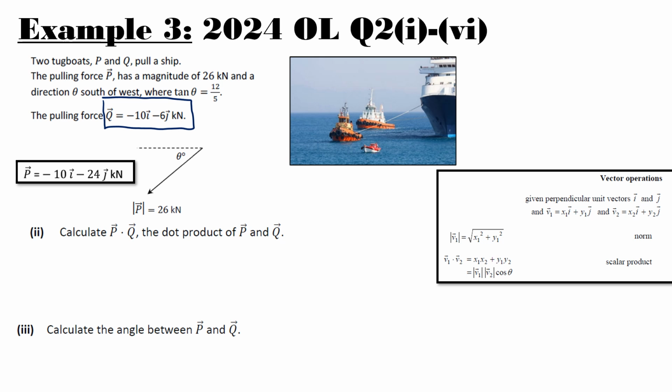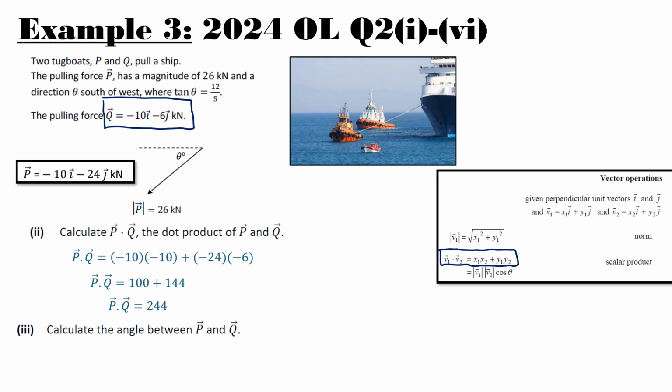So I'm going to use our dot product piece from here. And that means the i components together plus the j components together. So it looks something like this. Working that through, it's 100 plus 144, and it gives us 244.